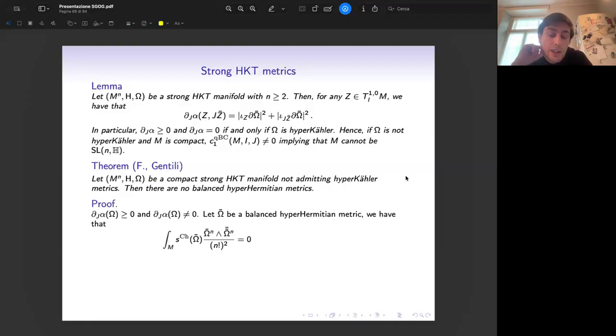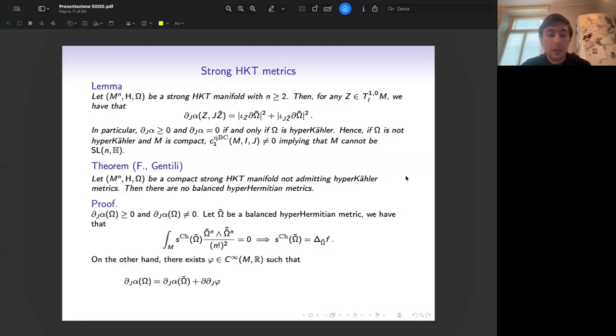So using again the balanced condition, we can solve the Poisson equation and write the scalar curvature of the balanced metric as the Laplacian of some function. And now we know that ∂J of alpha of omega and that of omega tilde lie in the same cohomology class. And so the difference will be ∂J-exact by a function psi.